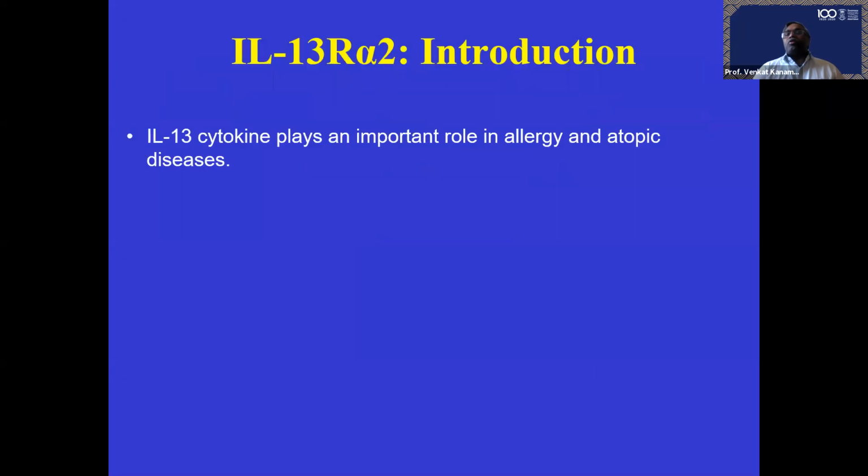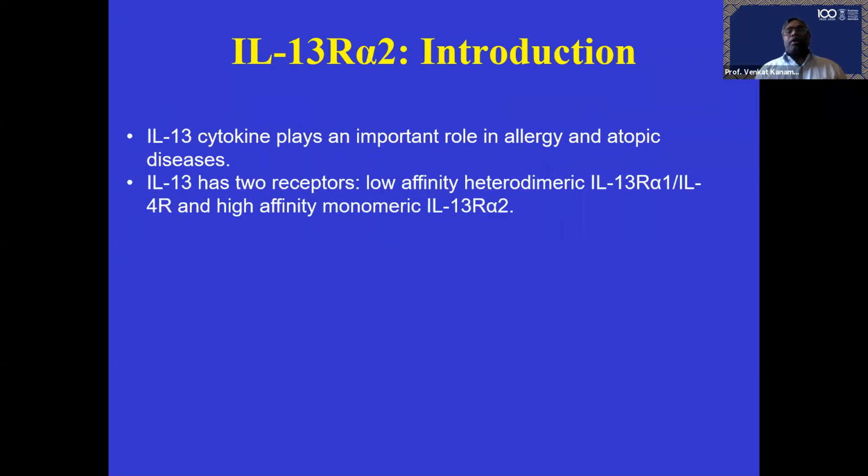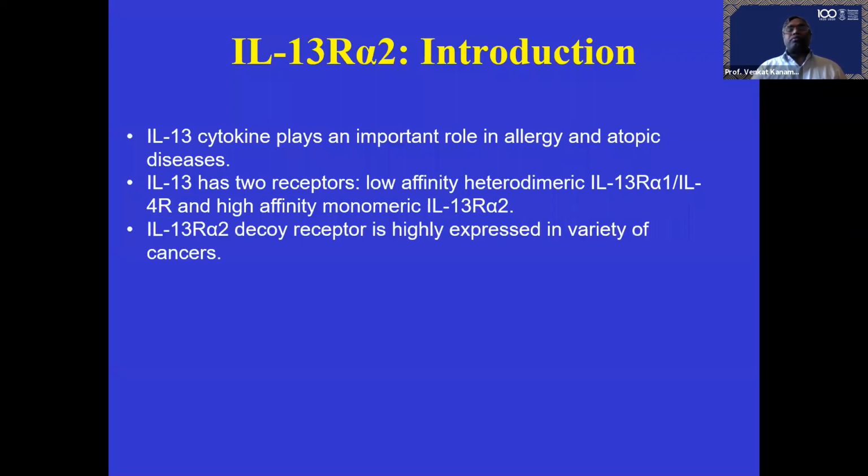Just a brief introduction for those who are not familiar with this part of the subject. Interleukin-13 cytokine plays an important role in allergy and atopic diseases. It has two receptors. One is the low affinity receptor, IL-13 receptor alpha-1, and it also has a high affinity monomeric receptor, alpha-2.